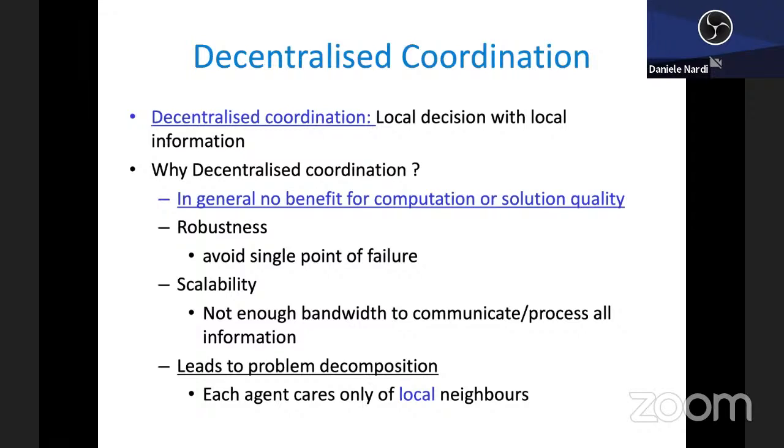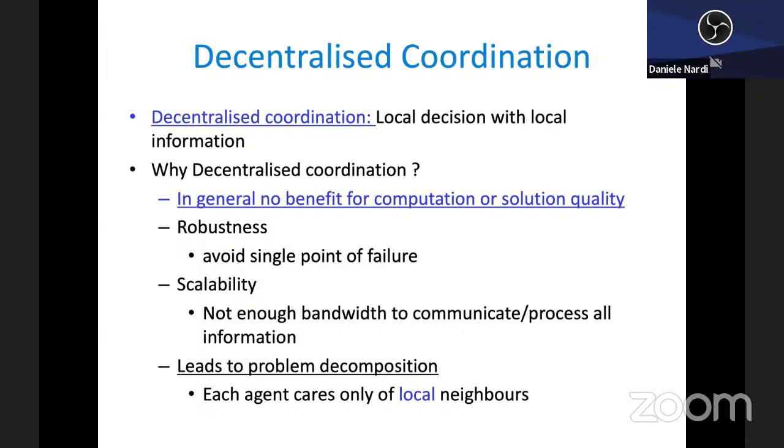The key point, as I mentioned, is that we are going to develop a truly decentralized approach to coordination. Why is this such an important feature of our approach? Well, we are certainly not aiming at a better solution in terms of the quality of the solution. However, with a truly distributed system, we are going to achieve robustness, scalability, and to some extent also some form of problem decomposition, which may eventually simplify the solution in computational terms.